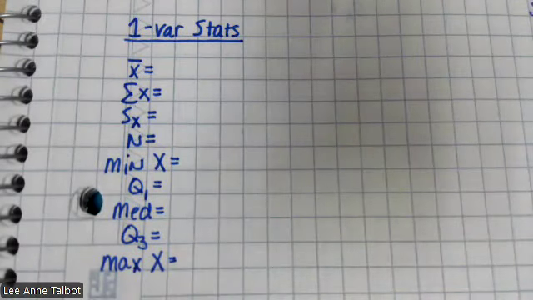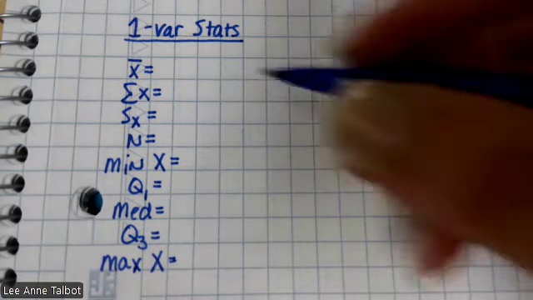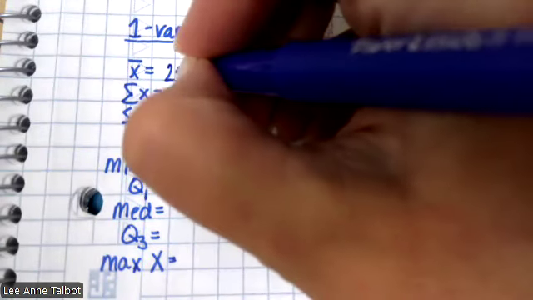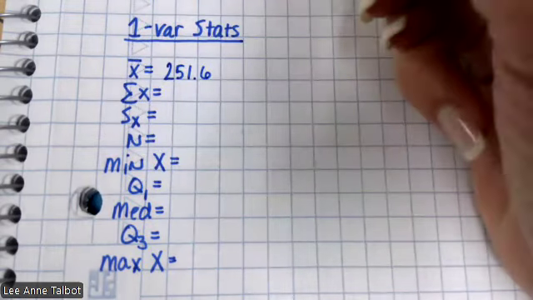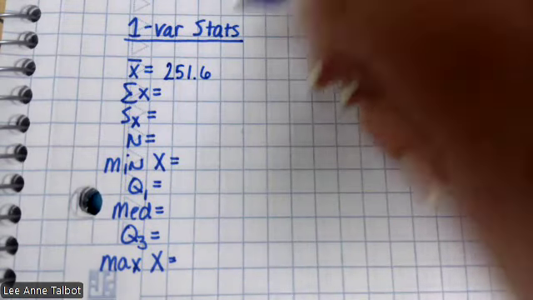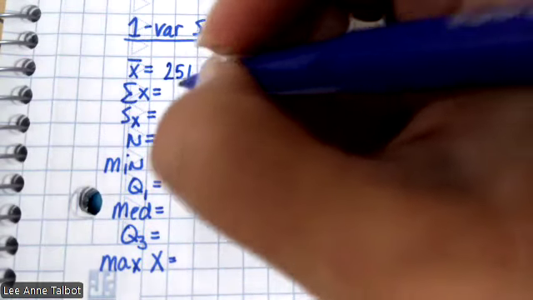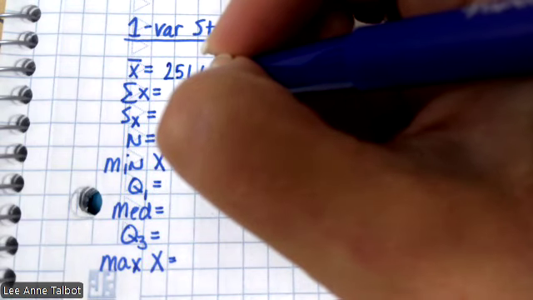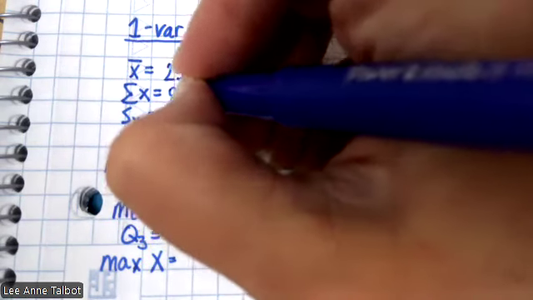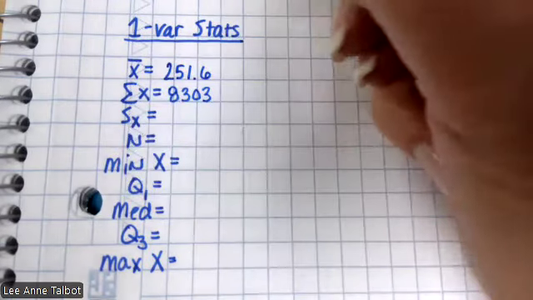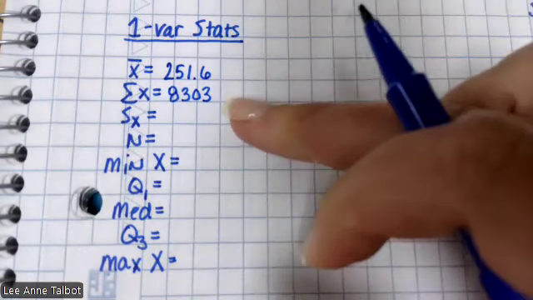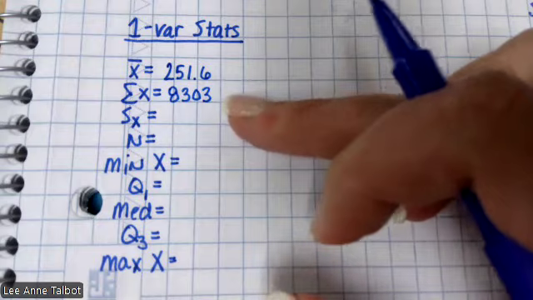Okay, and then these guys down here, you have to scroll down on the calculator to get. That's crazy. What should we round the numbers to? I'm going to do the tenths place. But my question is, did anyone else get 8303 for this number? Yeah. Okay.